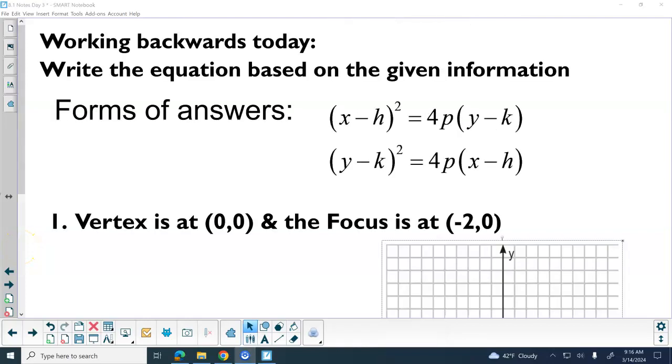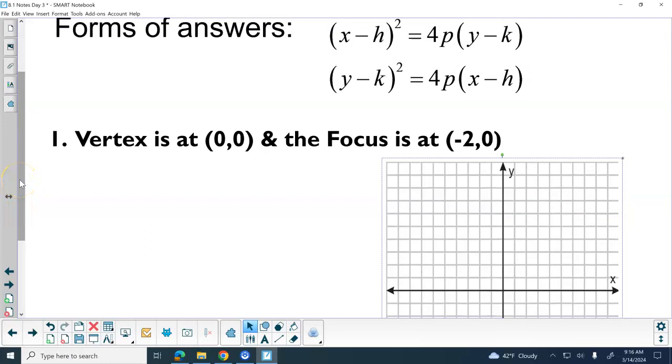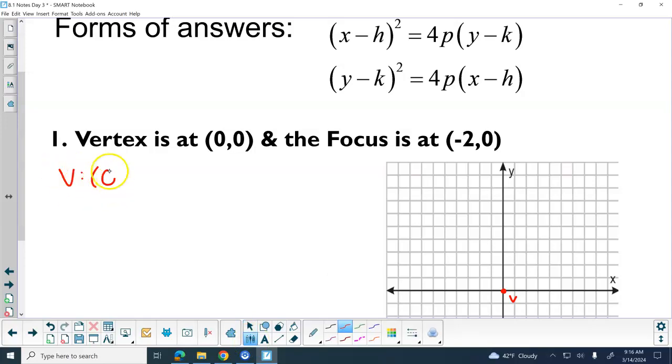So let's keep the form up there. My vertex is at the origin, which means that 0 is my h and 0 is my k in this scenario.